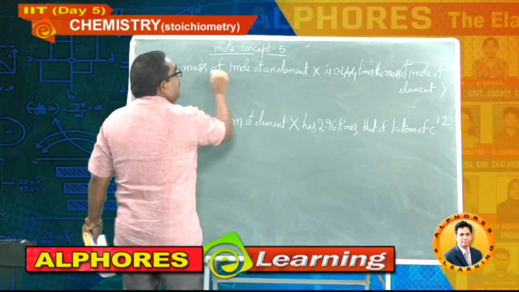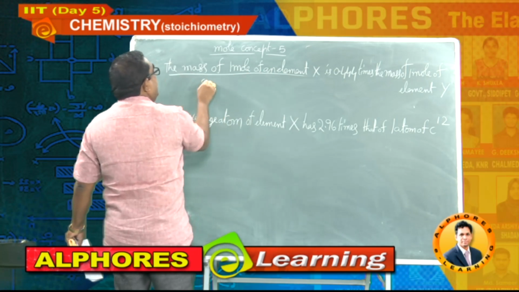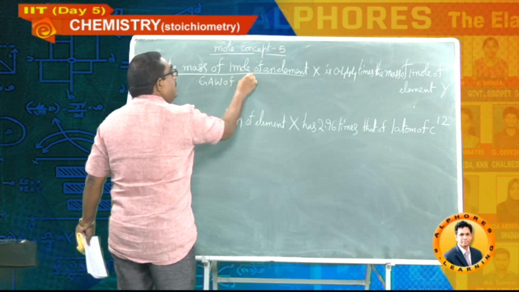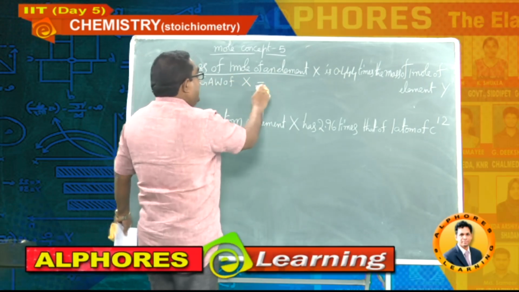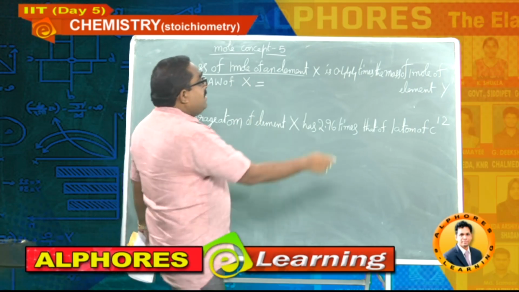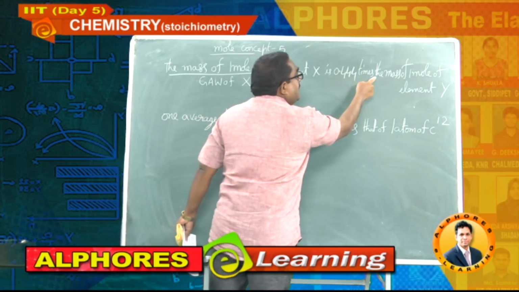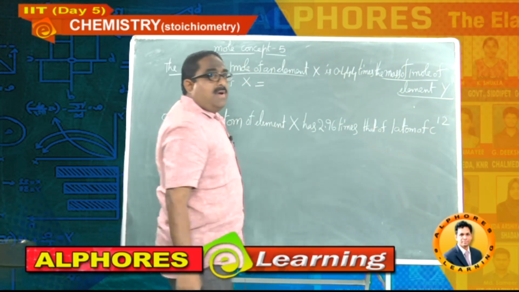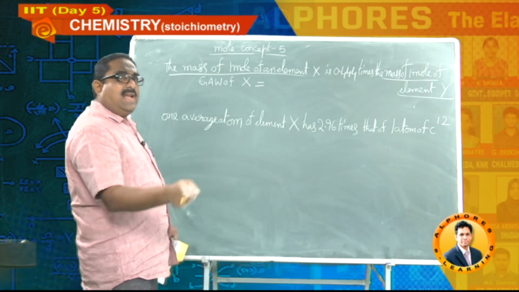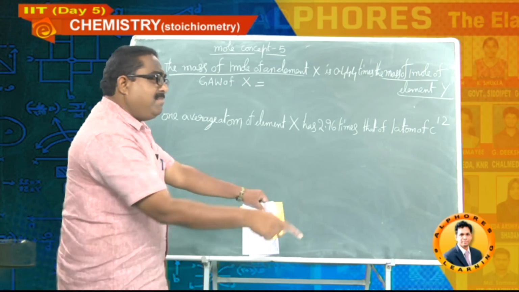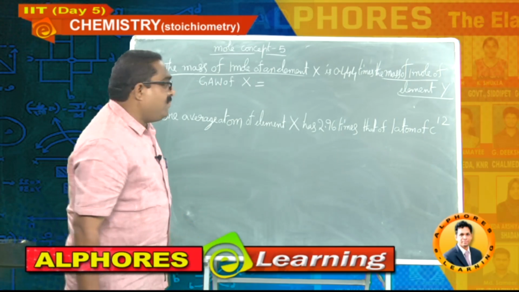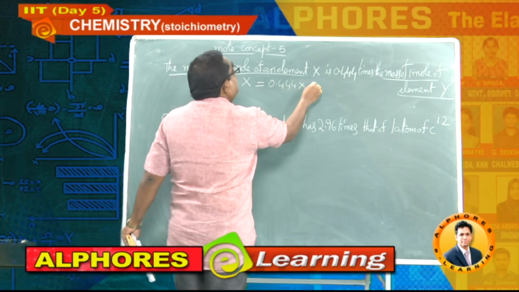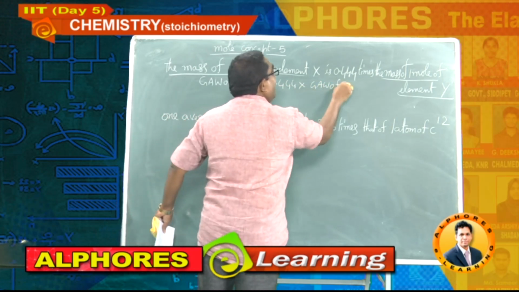So instead of all this, I can simply write down, students, GAW of X is equal to 0.444 times the mass of 1 mole of element Y. Mass of 1 mole of element Y means again Avogadro number of atoms of an element, nothing but GAW of Y. How many times? 0.444 into GAW of Y.